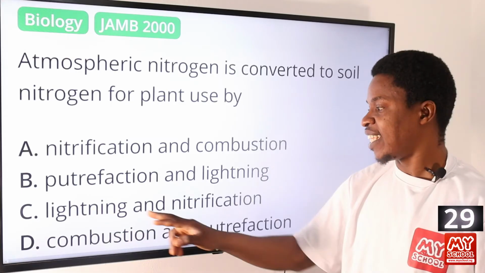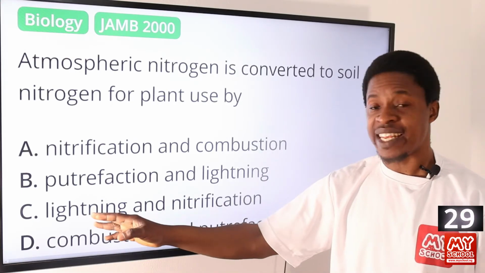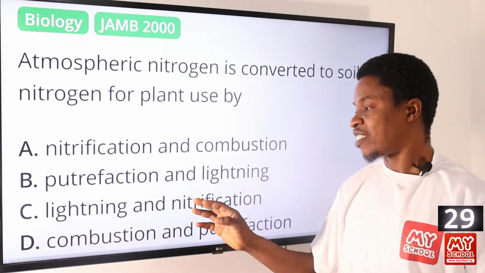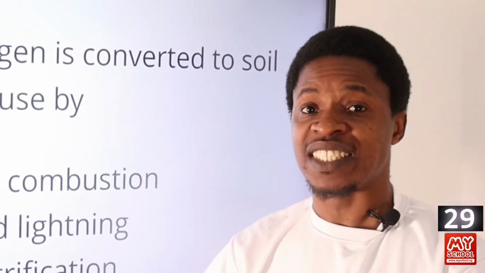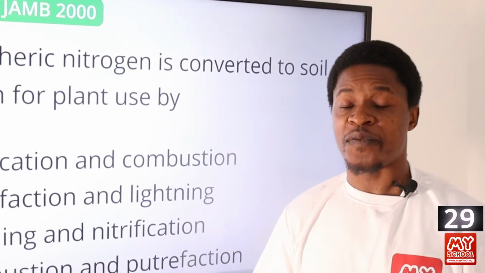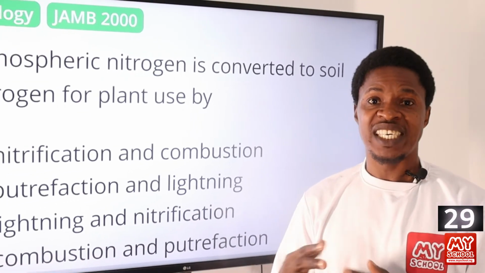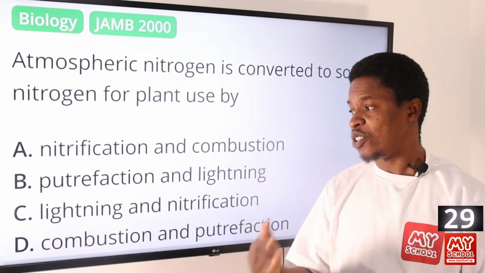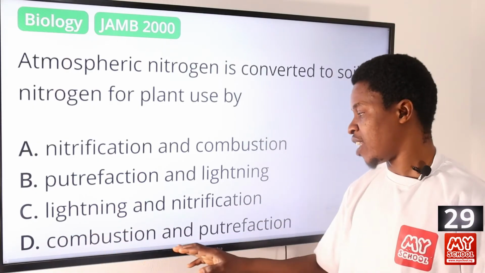Option C says lightning and nitrification. I already explained that nitrification and lightning are processes that aid nitrogen fixation, that aid the conversion of atmospheric nitrogen into forms that plants will use. We talk about D again, combustion and putrefaction.